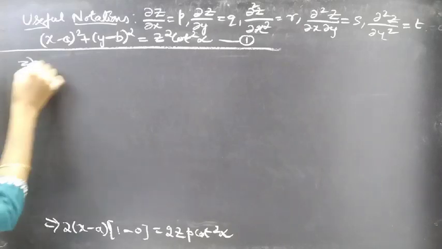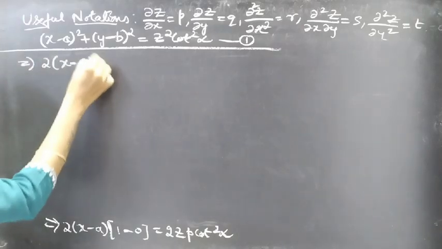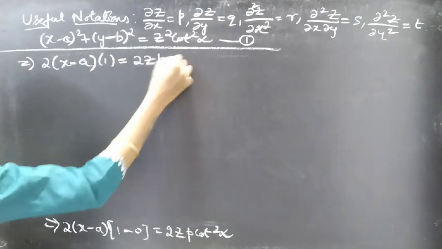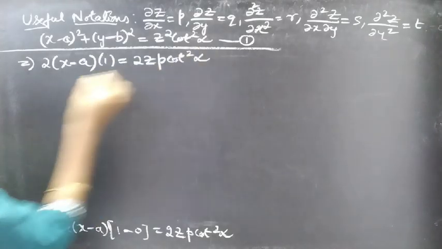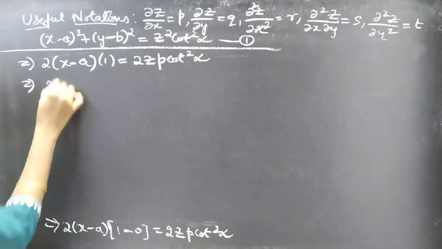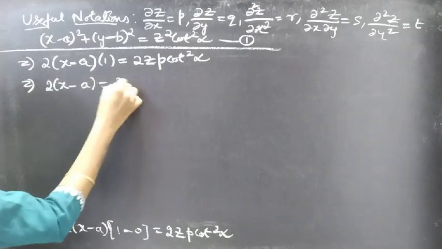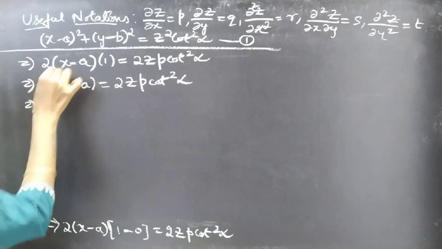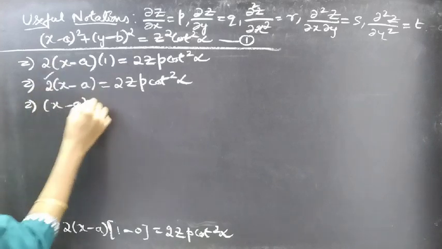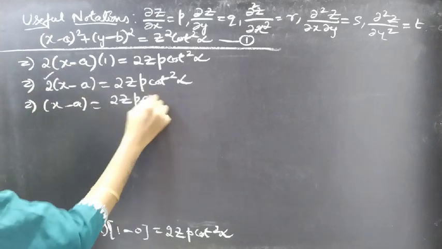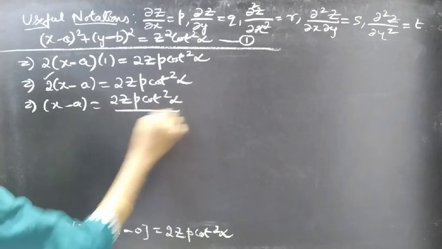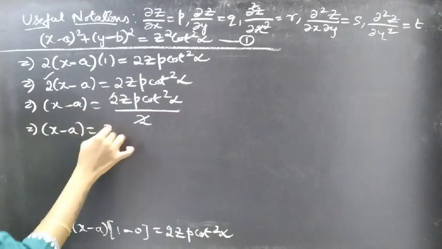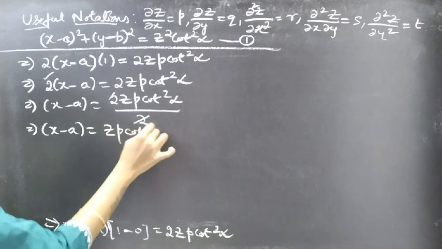This gives us 2 times (x minus a) into 1 minus 0, which is 1, equal to 2zp cot square alpha. Now we can write this as 2 times (x minus a) equal to 2zp cot square alpha. Now take this 2 to the RHS, you'll get x minus a equal to 2zp cot square alpha by 2, where the 2 gets cancelled, and you'll get x minus a equal to zp cot square alpha.